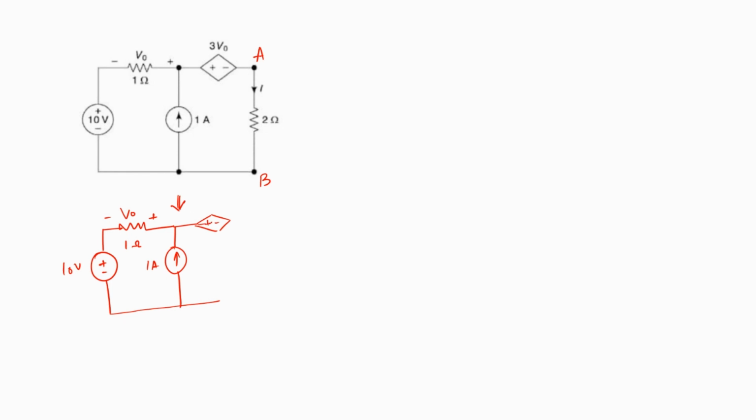This is the dependent voltage source and the open circuited terminal AB. Once we've removed the load, we can compute the Thevenin's voltage or the open circuit voltage across AB.